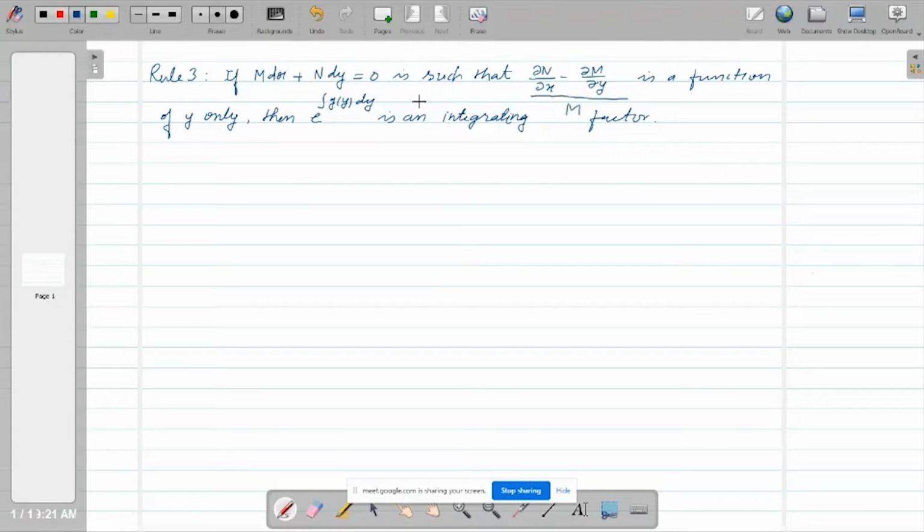If not, then we find this ratio, and this ratio is only a function of y. There will be no terms of x. So if I integrate this and take the exponential, e raised to the integration of g(y) dy, then this expression is known as the integrating factor.